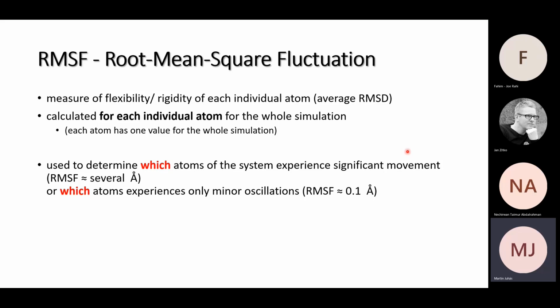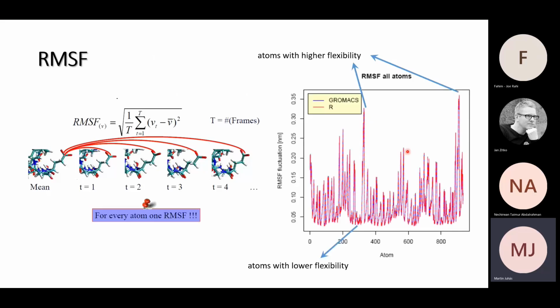So it doesn't tell you when, it tells you what. Looks like this. So in this plot, you see all the atoms. You have some 1,000 or 950 atoms. And here you see the measure of movement in nanometers.